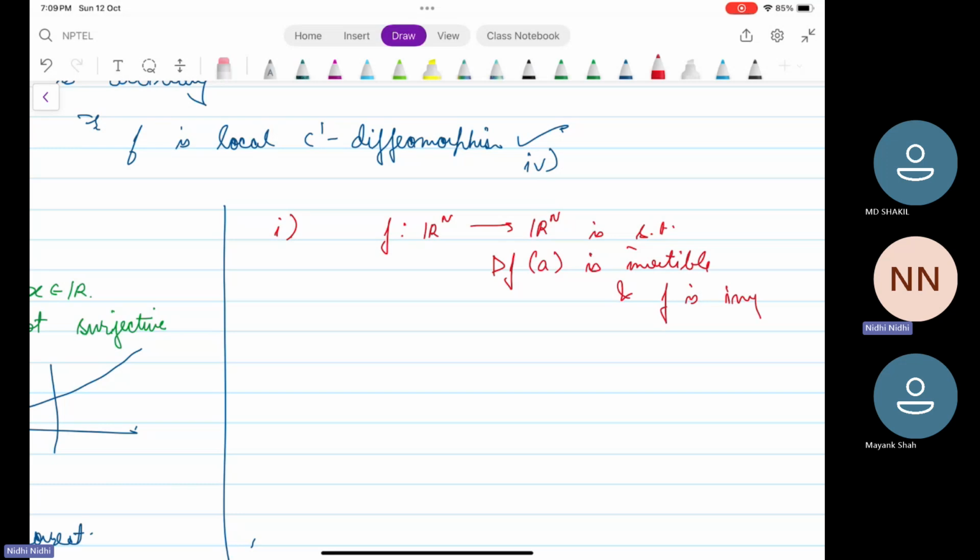Now, if we try to look for a counterexample in R, this will be f from R to R, such that, second option that was for surjective.